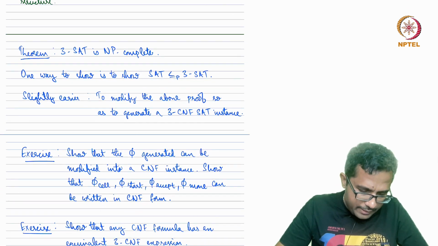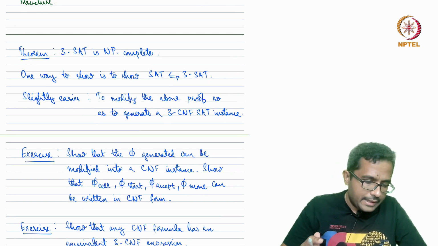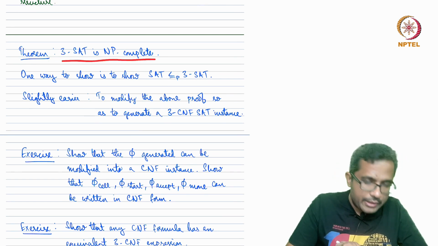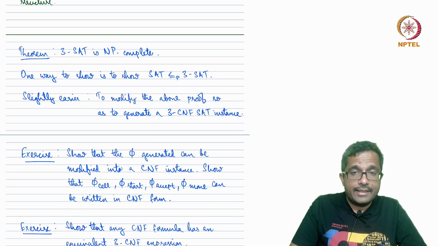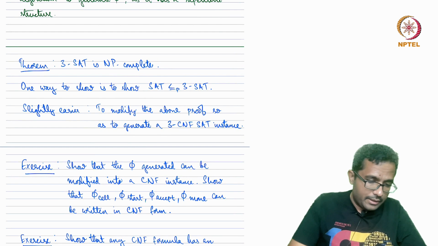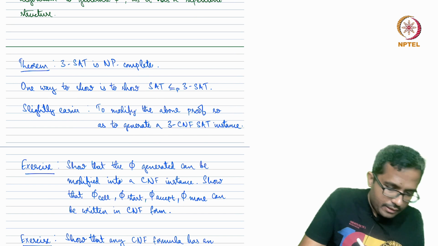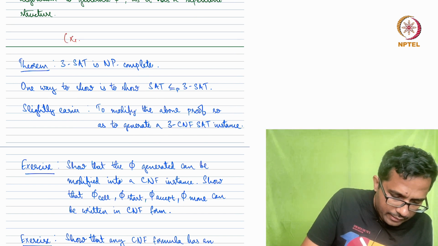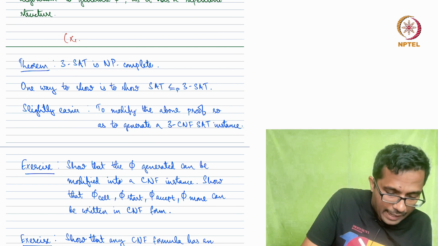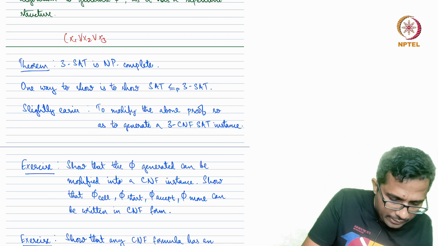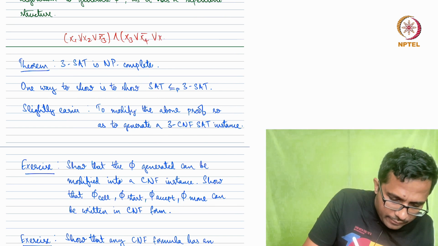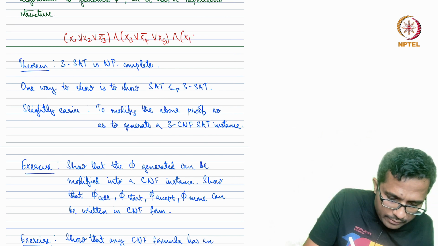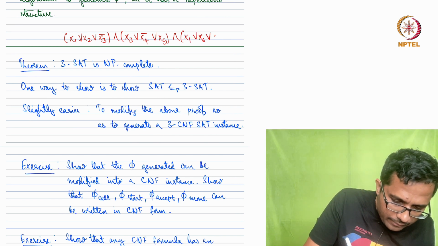So I'll conclude this lecture with a couple more things. First thing is that 3-SAT is NP-complete. So what is 3-SAT? 3-SAT is the set of all Boolean formulas that are in 3CNF form and are satisfiable. 3CNF means things like this: x1 or x2 or x3 complement, and x3 or x4 complement or x5, and x1 or x6 or x6 complement, and so on.